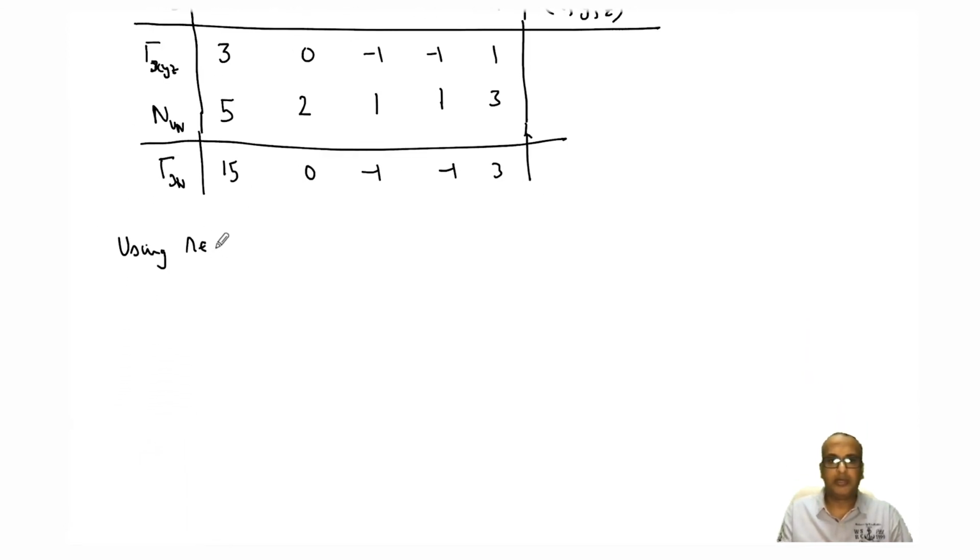Using the reduction formula, tau 3n is equal to A1 plus E plus T1 plus 2T2. Now this is the total one.